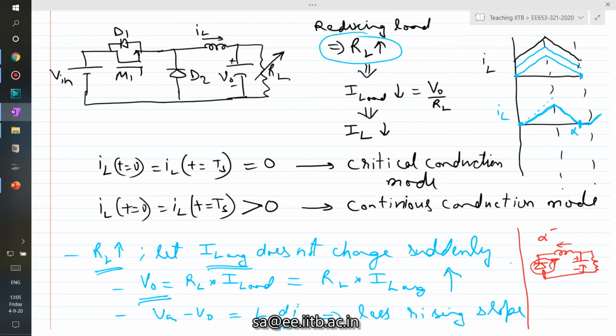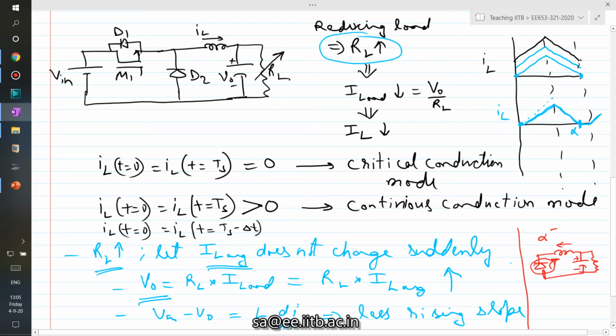So let me write here: IL at t equal to 0 is equal to IL at t equal to Ts minus delta t is equal to 0. This is called as discontinuous conduction.